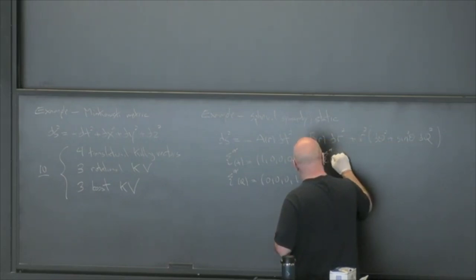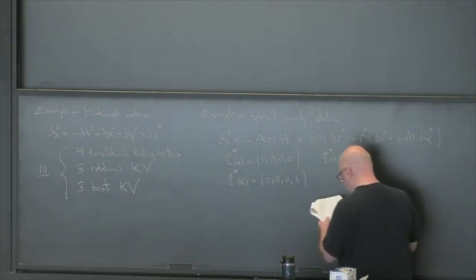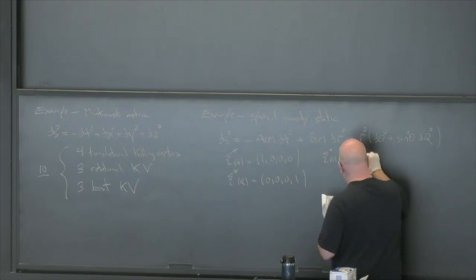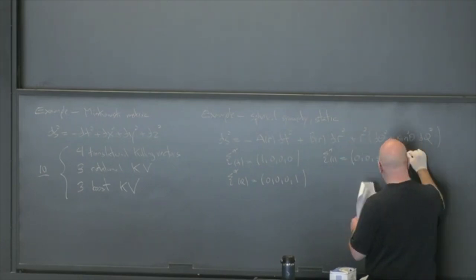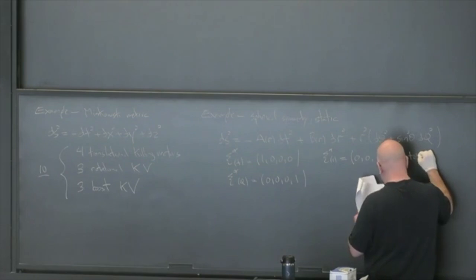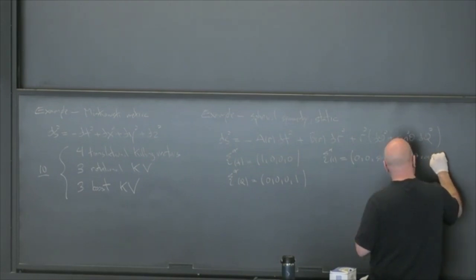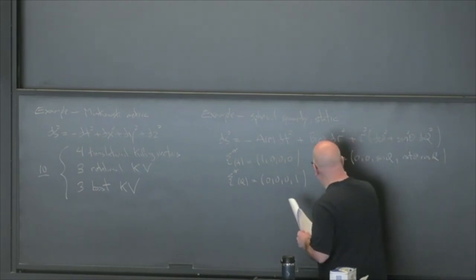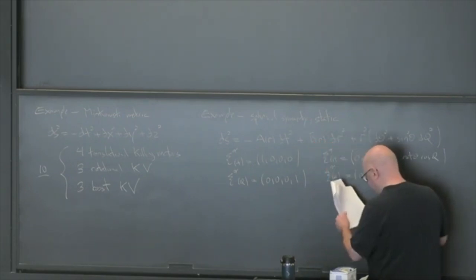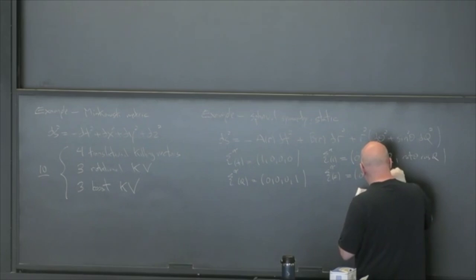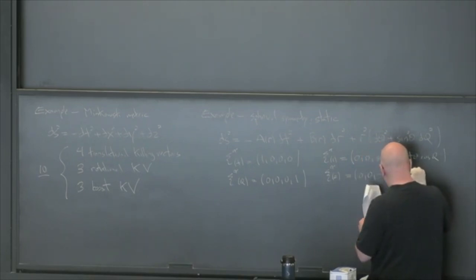And I'll just write them down. In the homework assignment, I'm asking you to prove that those are killing vectors. So those point in the angular direction. So we have sine phi and then cotan theta cosine phi. That's in the phi component. And then we have another one where we have minus cosine phi cotan theta sine phi.